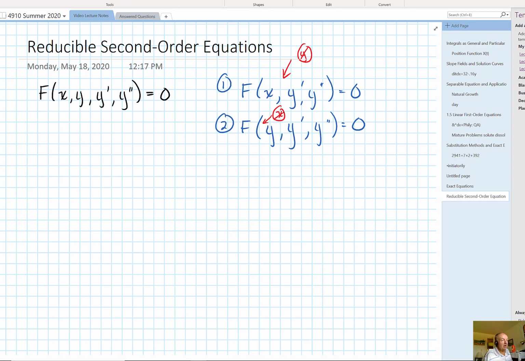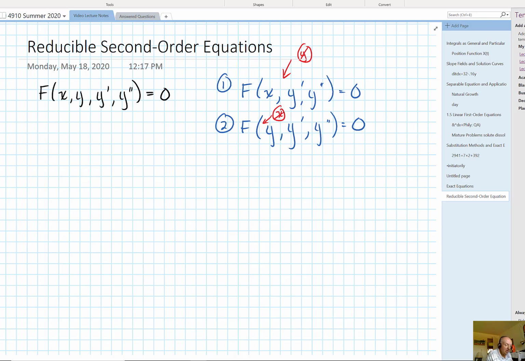And then once they're reducible, hopefully we can solve them using one of the techniques that we have gone through, whether it be just integration, using separation of variables or an integrating factor, or whether it turns into something that we can use a substitution method on, or it's an exact equation.